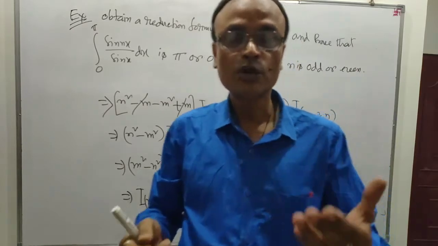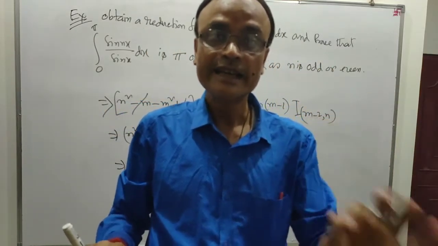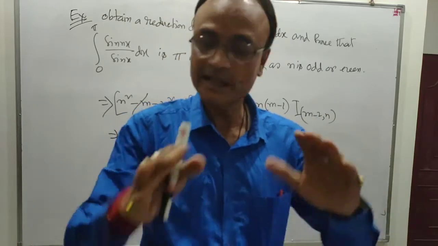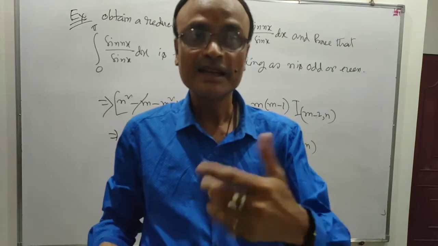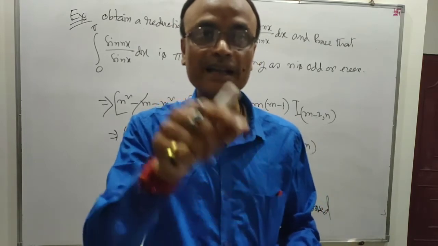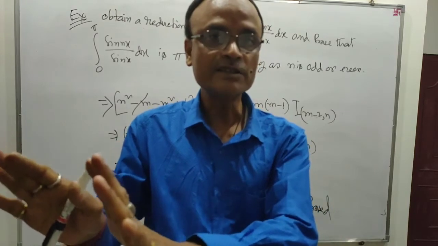We have to prove that integration 0 to pi sin nx divided by sin x dx is equal to pi if n is odd, and if n is even, then the integral of this is equal to 0.